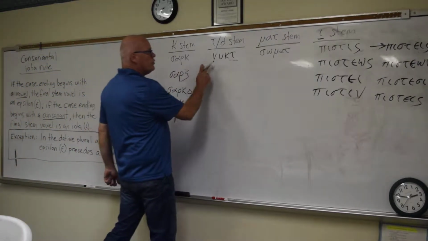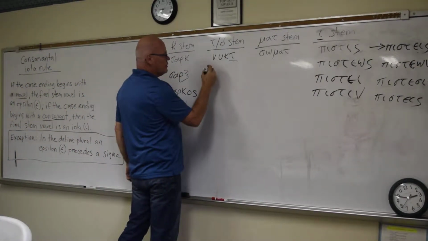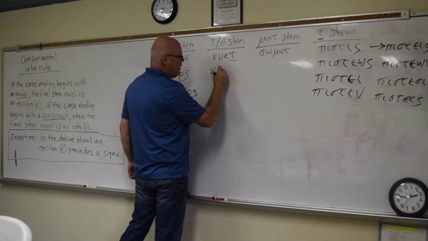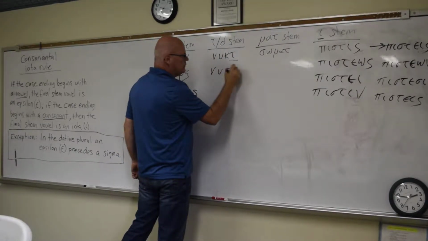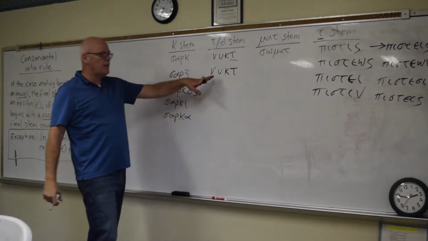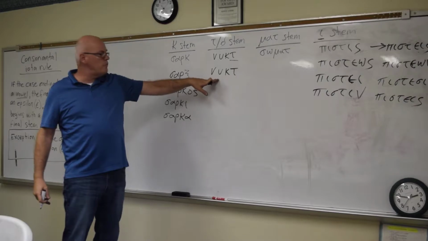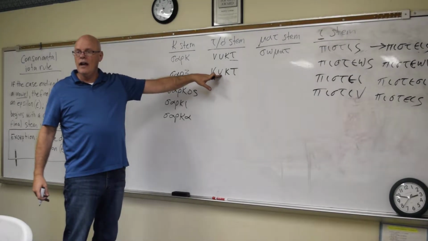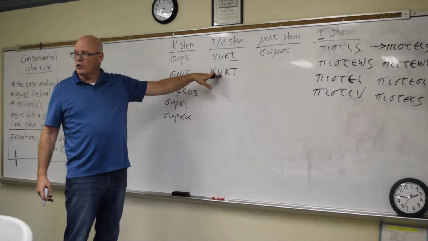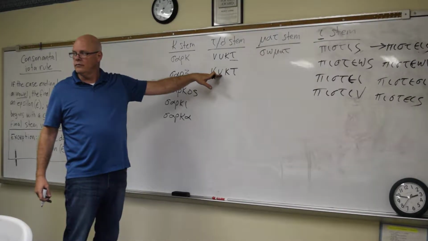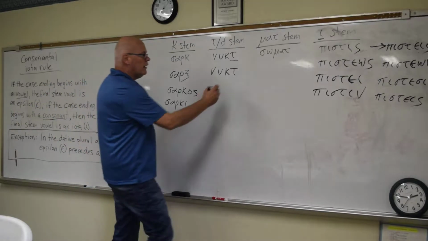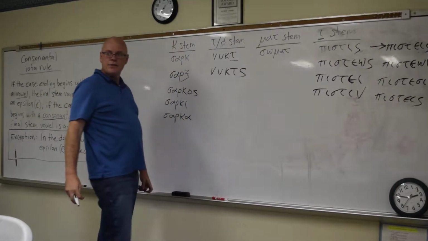Let's go to the next one, the tau stem. Now this is nukt. That's my stem. If I want to make this into a nominative, what do I do? I add a sigma. And when I add a sigma, what happens?